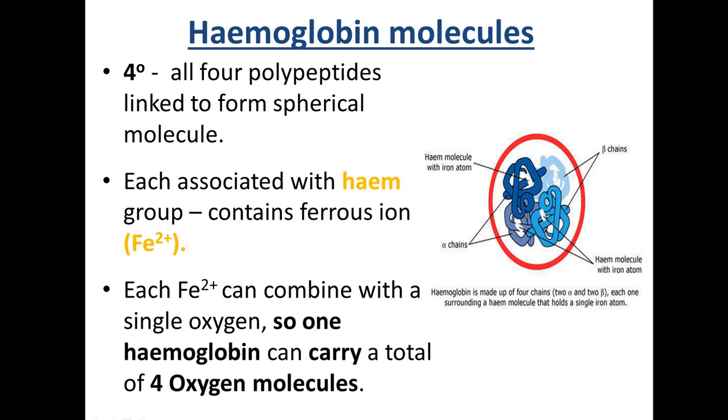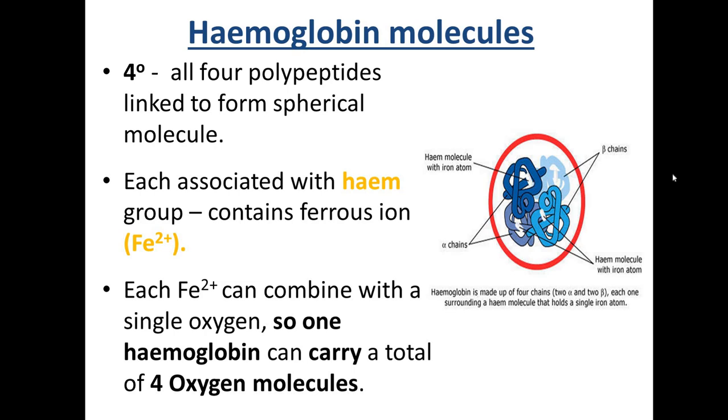And each one of the chains is associated with a heme group or a Fe2+ group, a ferrous ion, which is why you need iron for your blood. If not, you can become anemic because you need the iron for the haemoglobin.